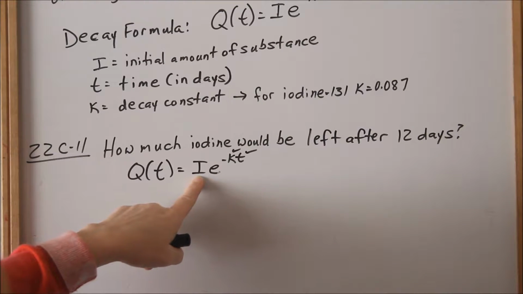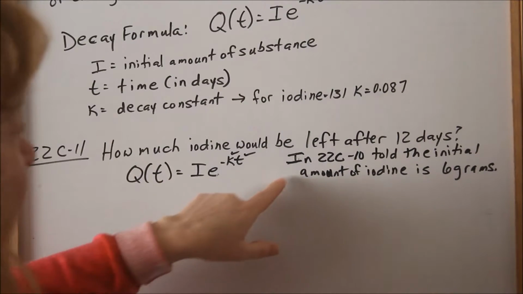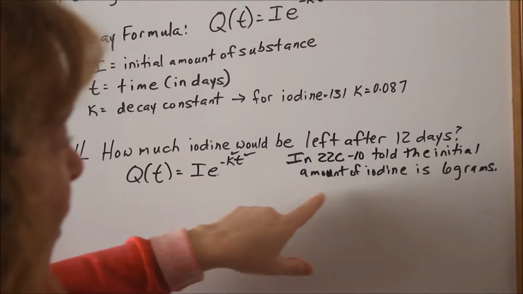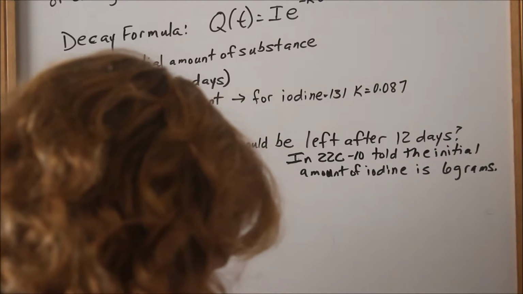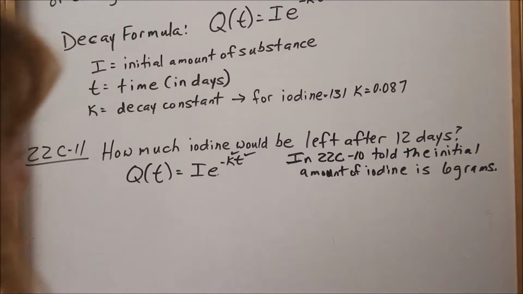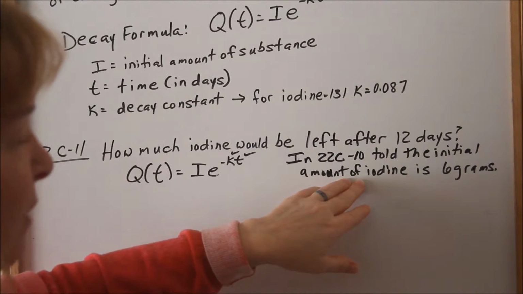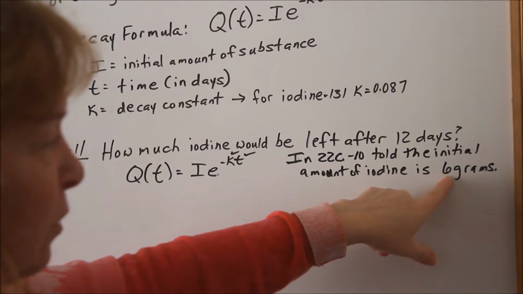So we go back to the problem, all the information that we were given. We need to know the initial amount of iodine. In problem 22C10, it says how much of 6 grams of iodine 131 will remain after 10 days, and they work that out for you. So we're told in 22C10 that the initial amount of iodine is 6 grams.